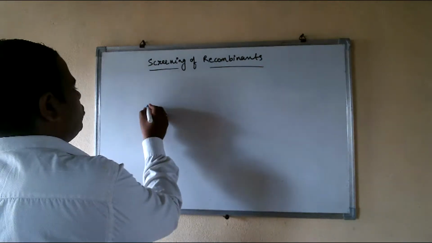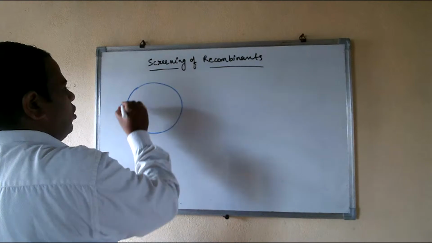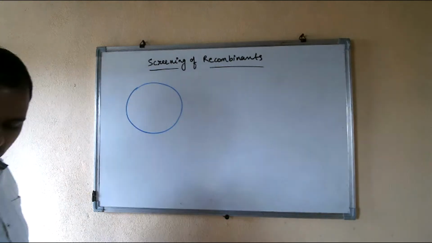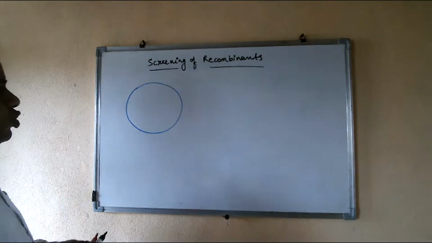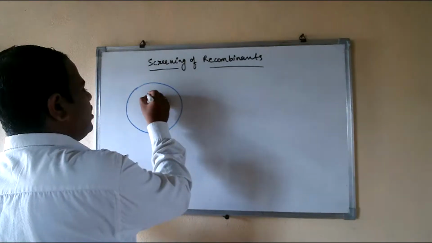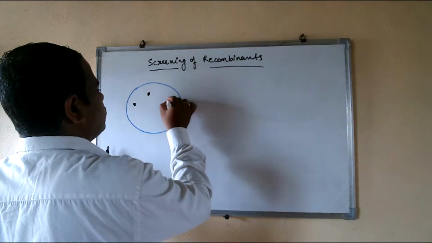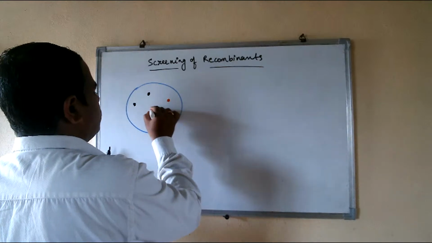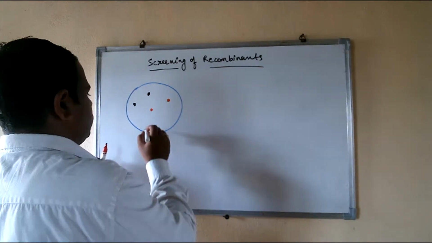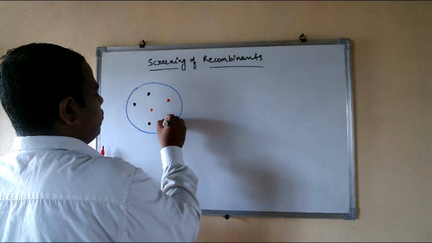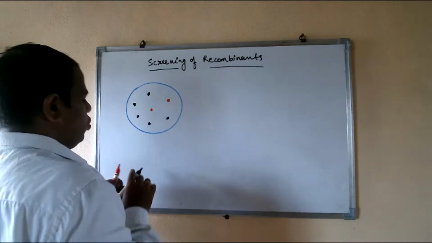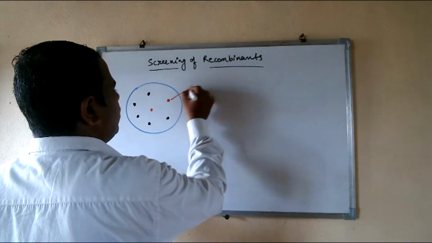Suppose this is the plate on which the bacteria are grown. A number of bacterial colonies are there. Okay, so this is the positive colony.